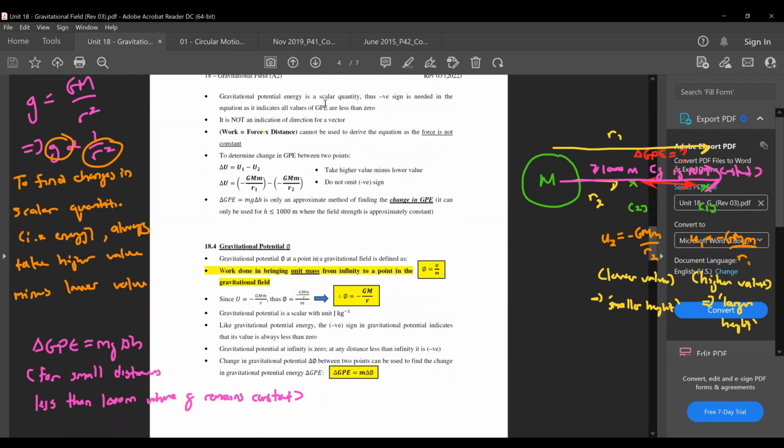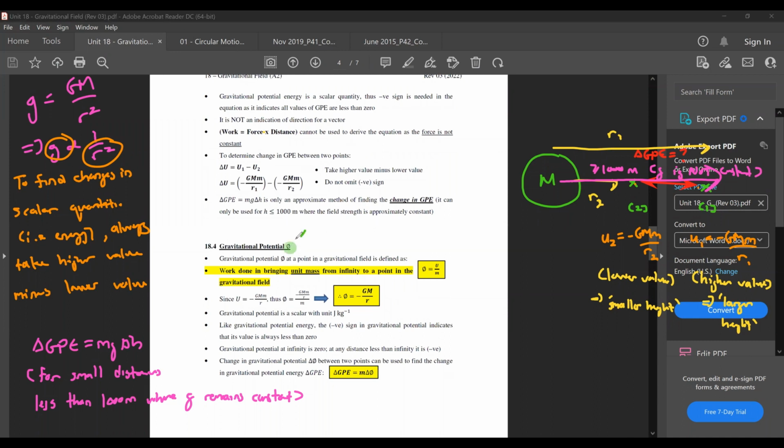Now when you see this little symbol, this is actually not theta. It's actually a Greek symbol called phi. Theta is written like this. Phi is a circle with a line across it like this. This one was theta. This is phi. So gravitational potential is usually denoted by the symbol phi.